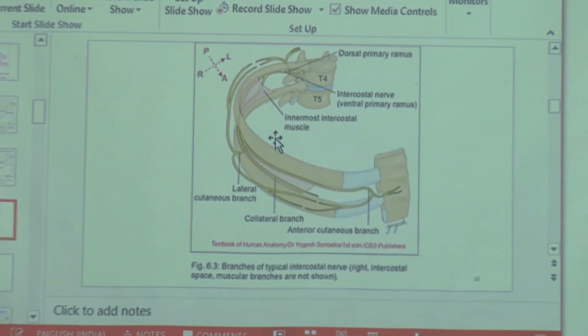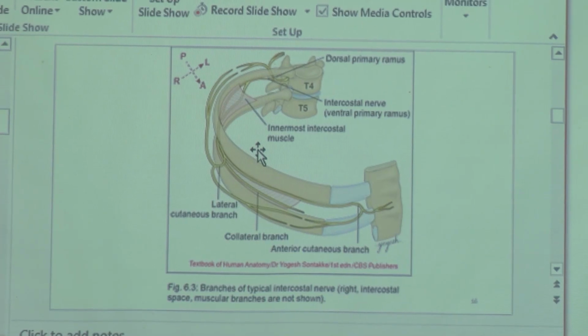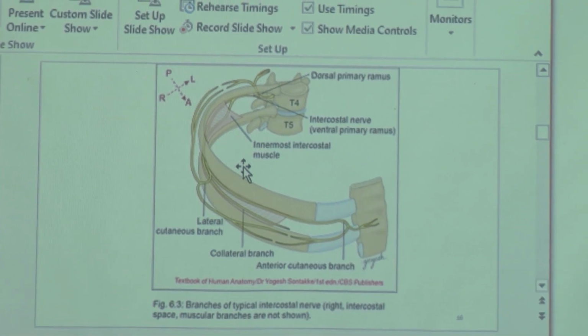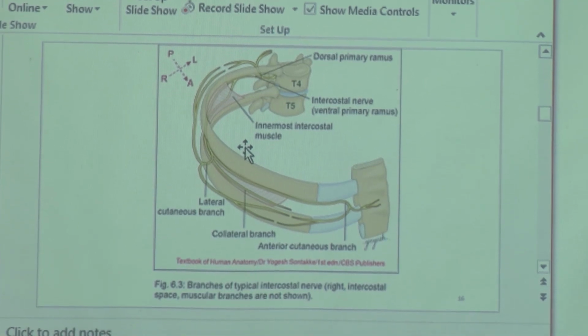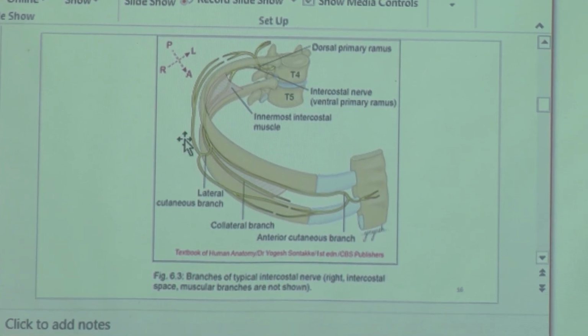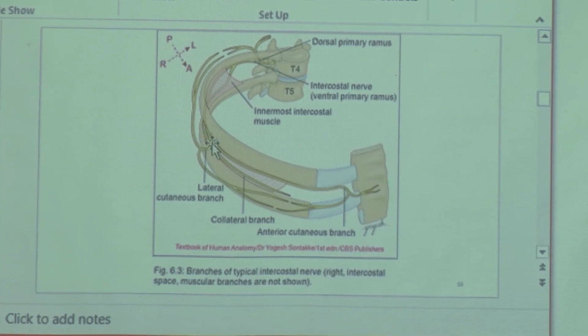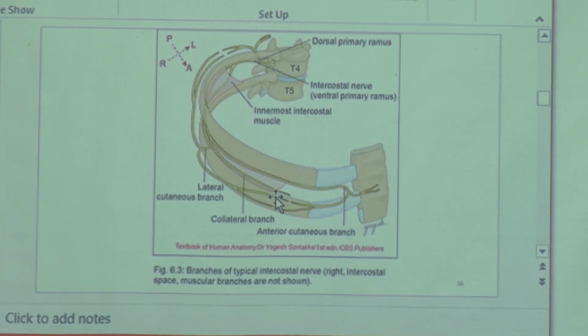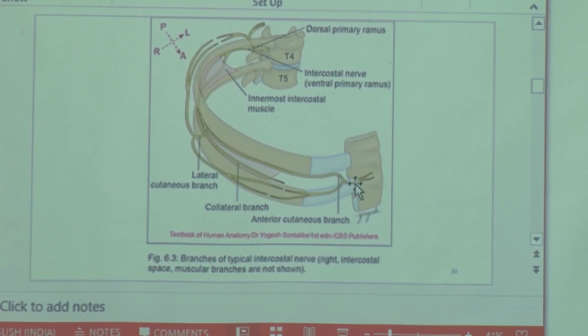This lateral branch comes out from this area, traversing the space and coming out from the lateral side. It may join with the main nerve, or it can come out as a single nerve.